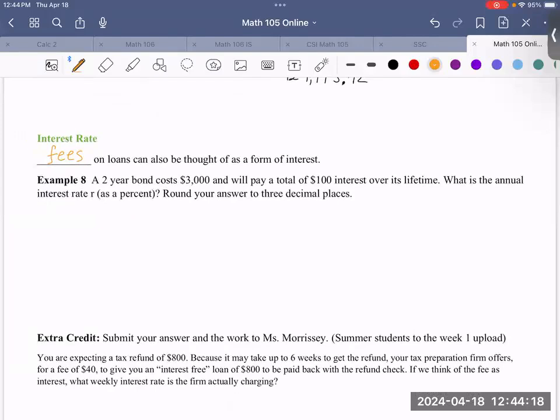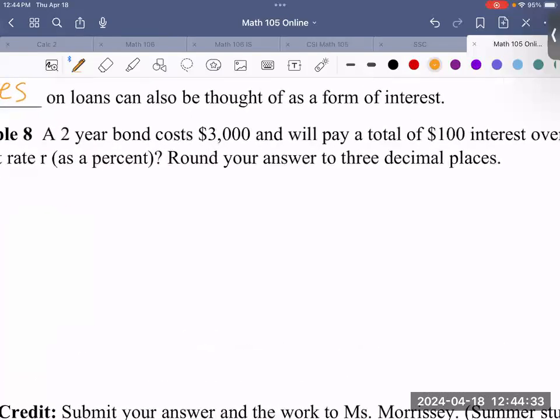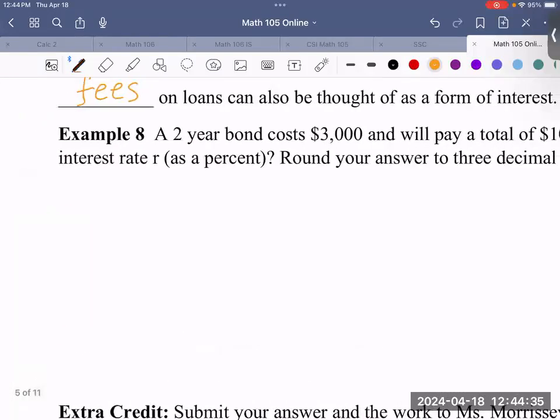So a 2-year bond costs $3,000 and will pay a total of $100 investment interest over its lifetime. What is the annual interest rate R as a percent? Round your answer to 3 decimal places. So they're telling us it costs $3,000.